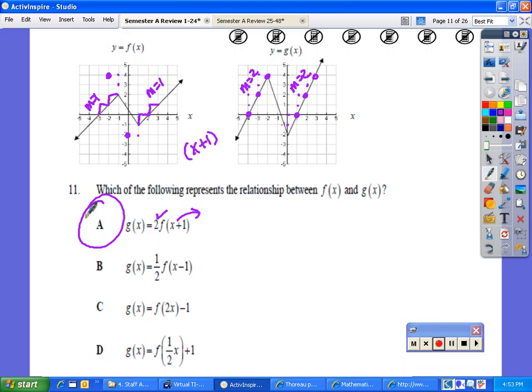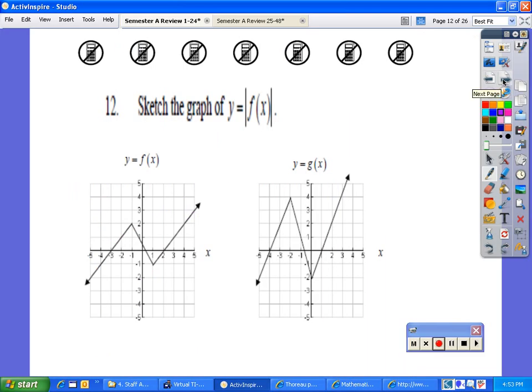All right. Last but not least for this wonderful video, they want us to sketch the graph of the absolute value of f of x. Sketching the graph of an absolute value of a function means that we want to move all points below the x-axis to above the x-axis.